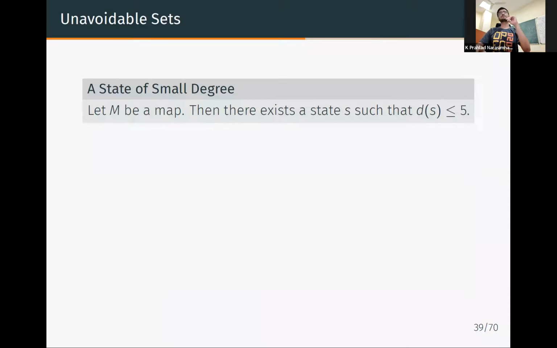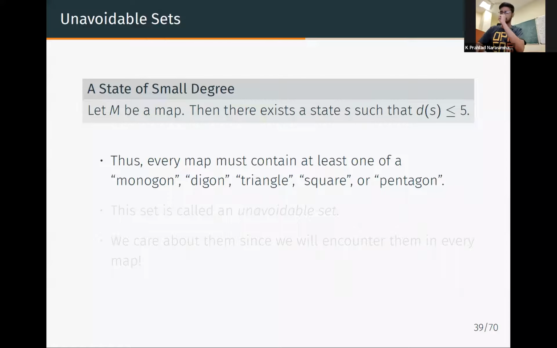Now, what we'll define is something called an unavoidable set. So what does this theorem say? This theorem says that every map must contain at least a state which looks like a monogon, by which I mean it has exactly one neighbor, a digon, which has 2 neighbors, a triangle which has 3 neighbors, a square which has 4 neighbors, and a pentagon which has 5 neighbors.